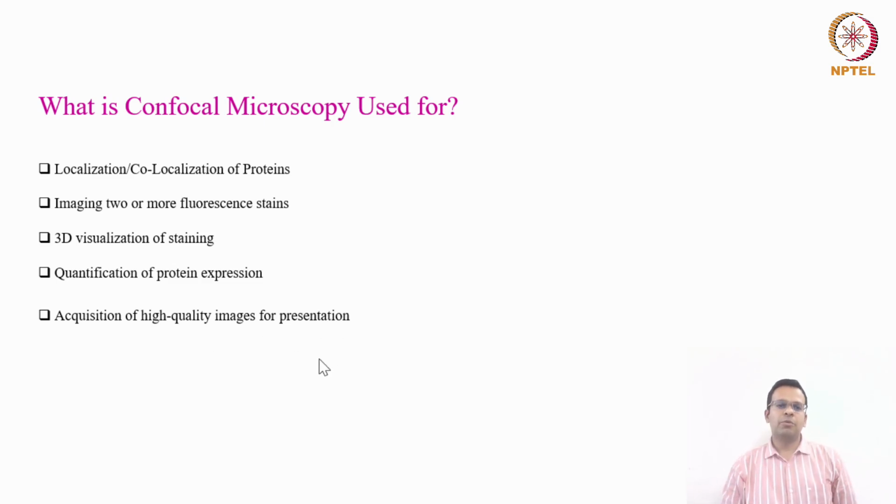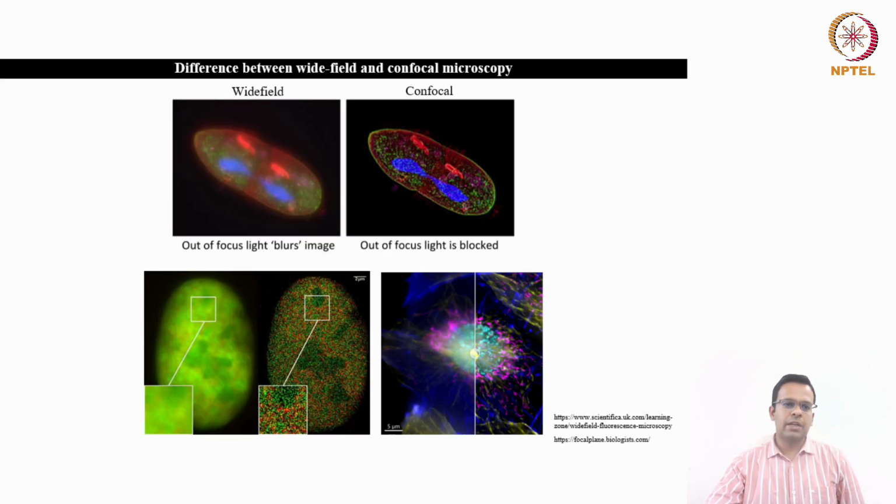Generally for most of the applications, for your regular imaging, you may use your wide field microscope, but just to produce one high resolution, good quality image for your publication or for your presentations, you will collect one good image on the confocal system so that it will be more precise. As I showed you in the very beginning, let's say you just have to show some representative image, then it is better you take that image using a confocal microscope so you can get a crisp image.